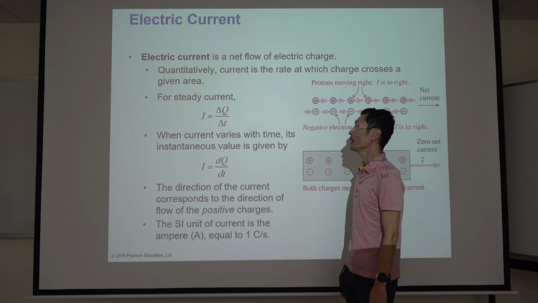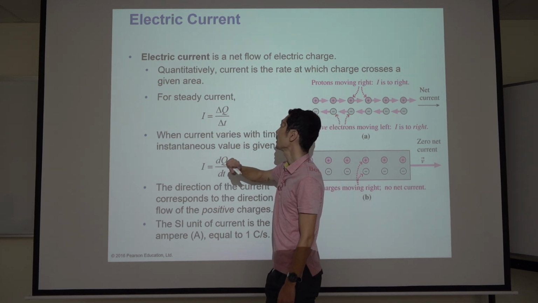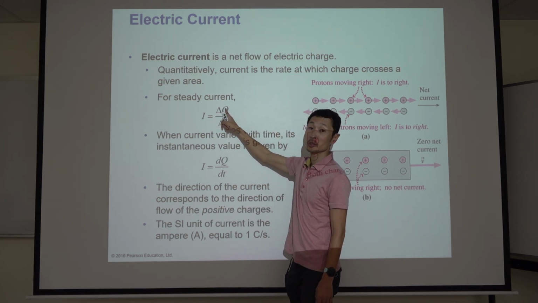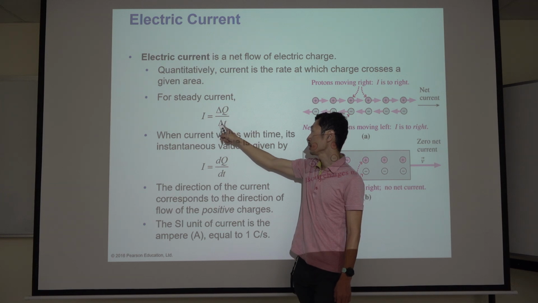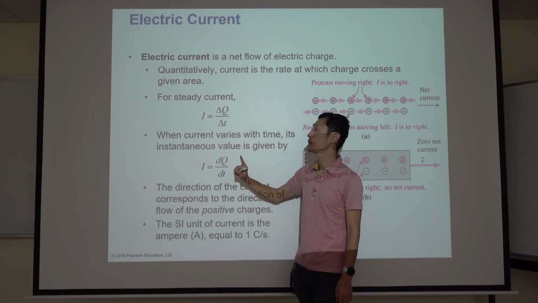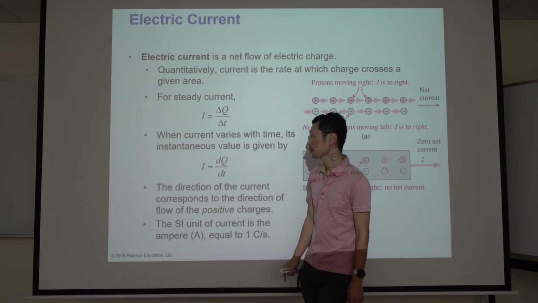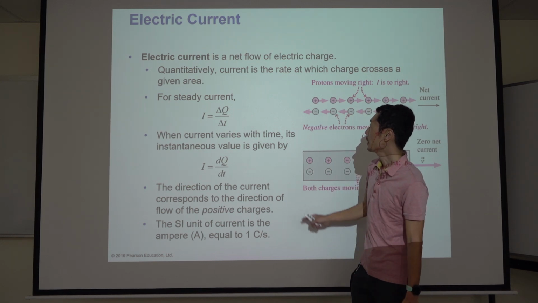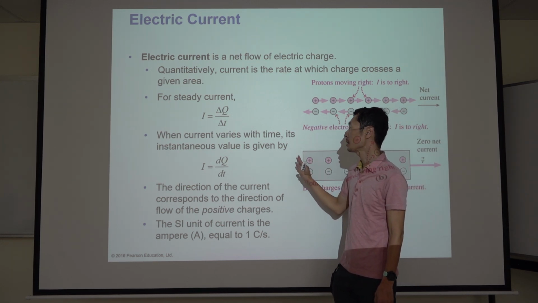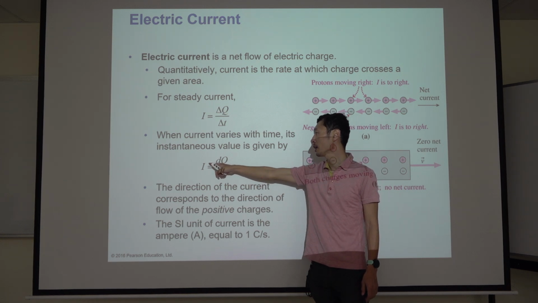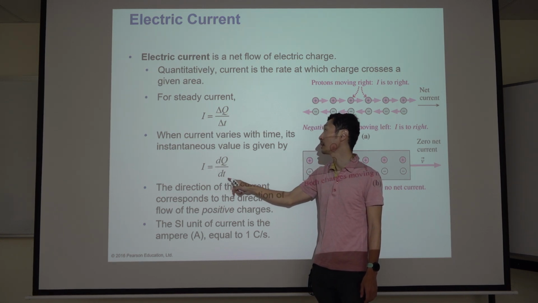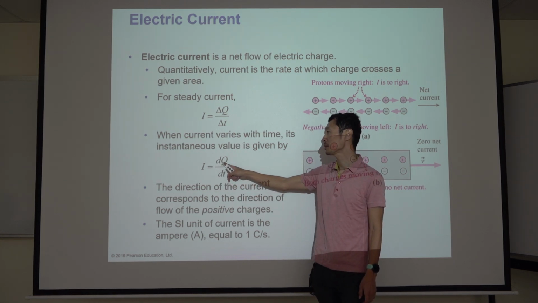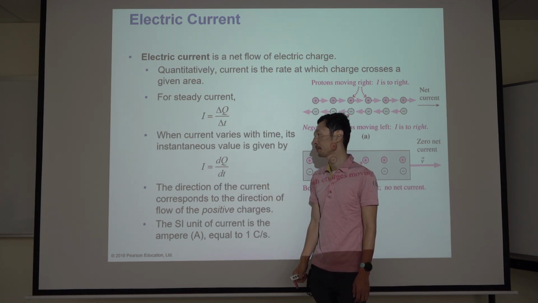For steady current, the current I is ΔQ, how much charge passes through per unit time. When current varies with time, its instantaneous value is given by I = dQ/dt. It's the same thing, just over a short amount of time.